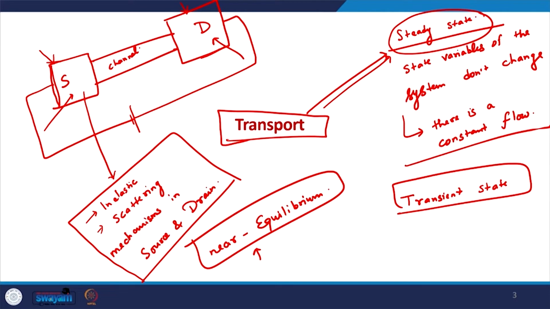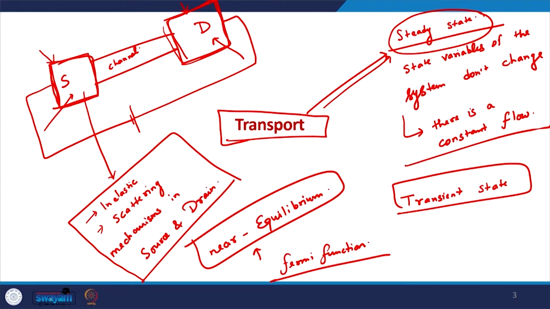Okay. So even during transport, when we do not have extremely high voltage applied across the device, the electrons in the source and the drain collectively, statistically, remain near equilibrium, and that is why we can apply the idea of Fermi function, or we can use this notion of Fermi function to describe the distribution of electrons in the source and the drain.